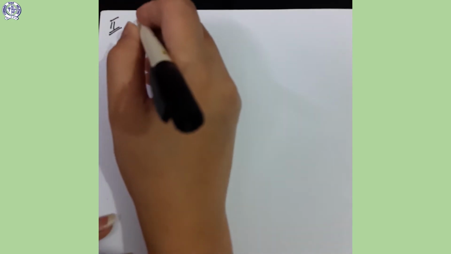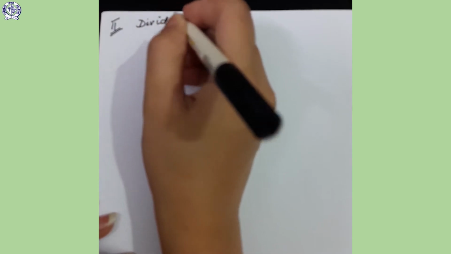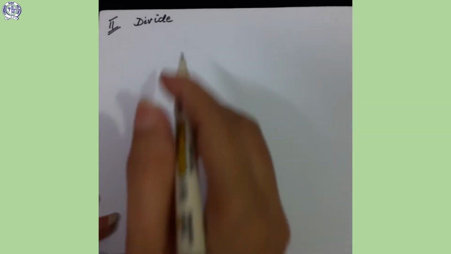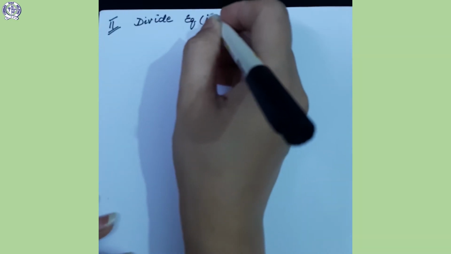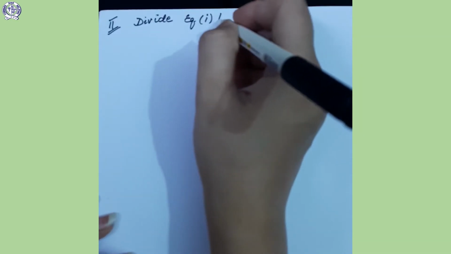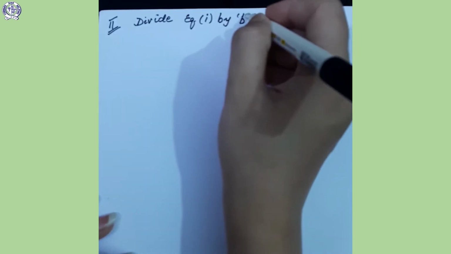Now the second identity, for this we'll again take the same equation. We will divide equation 1 by b square.